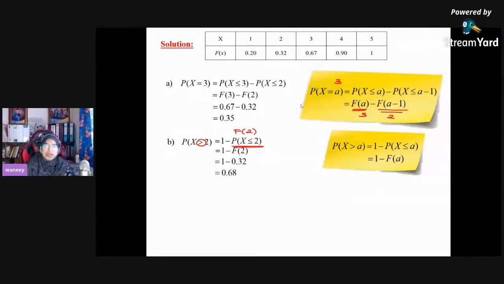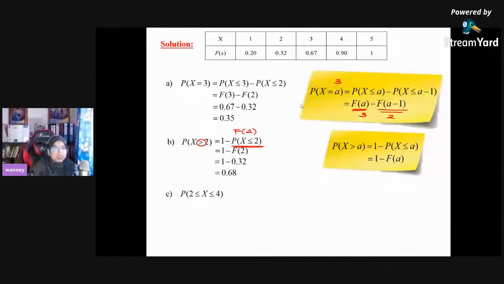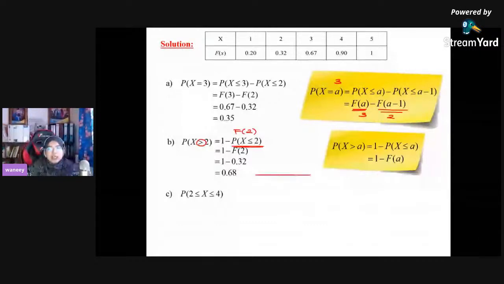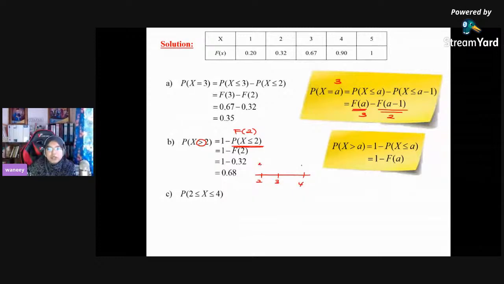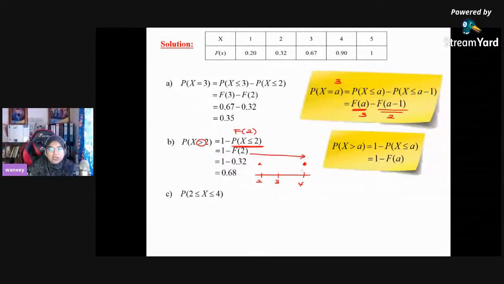So now C. C is the probability for x between 2 and 4 inclusively. Okay, if you don't remember the formula, we have 2, 3, 4. So I want from 2 up until 4. Firstly, I should take the probability from the left hand side up until 4 because I want the 4.